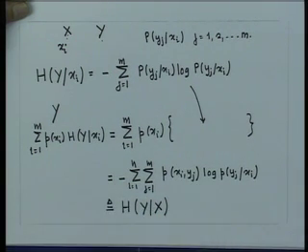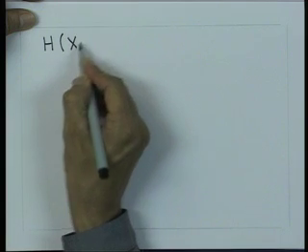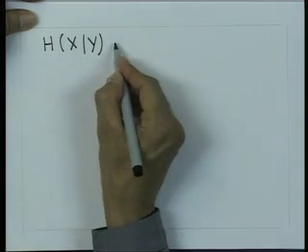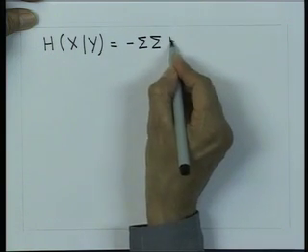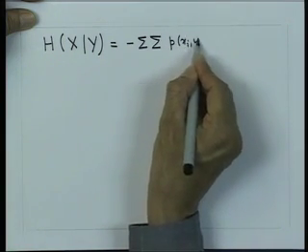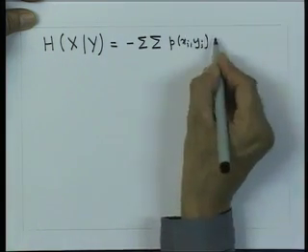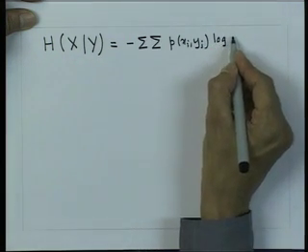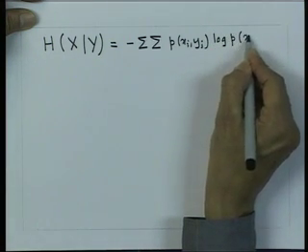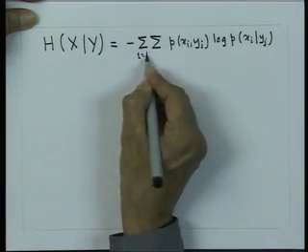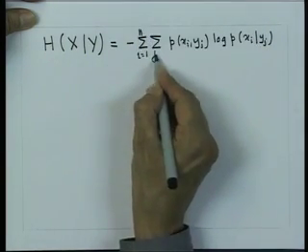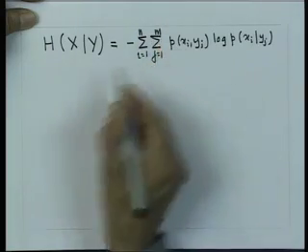Based on this argument, I can also define H of x given y, and that would be simply nothing but the double summation of p of xi yj log of p of xi given yj, i equal to 1 to n and j equal to 1 to m.